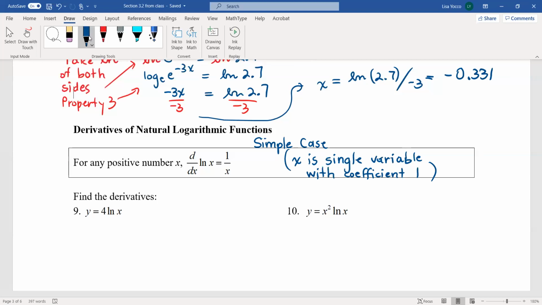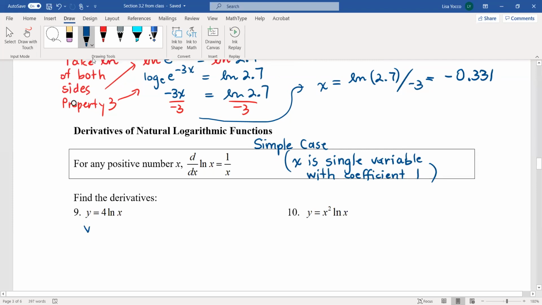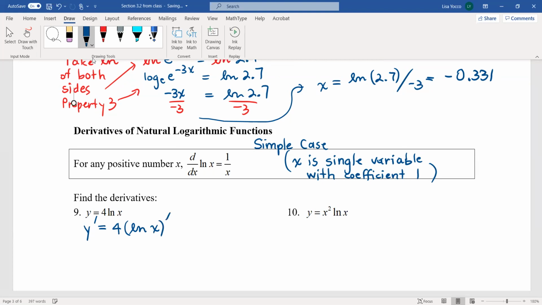The first example says find the derivative of 4 times ln of x. For y prime, we hang on to the 4. Again, the rules from finding derivatives in general come into play here. 4 is the coefficient of the function, so we just keep the 4 and multiply by the derivative of the function.